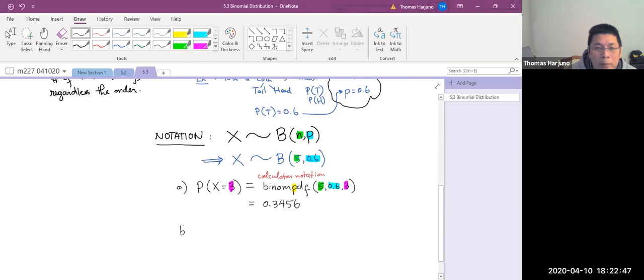What is the probability that the number of tails is, let's say, 1? I want you to write the calculator notation first, and then use your calculator to compute that. I give you 1 minute. Make sure you write the notation first though, okay? Always.